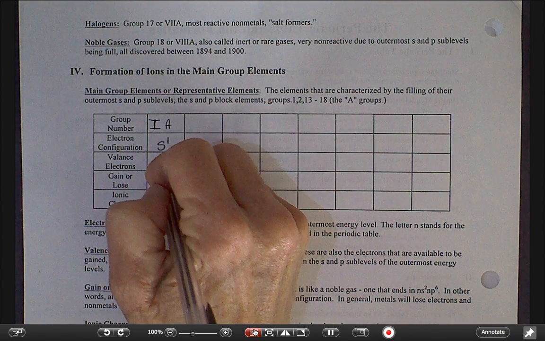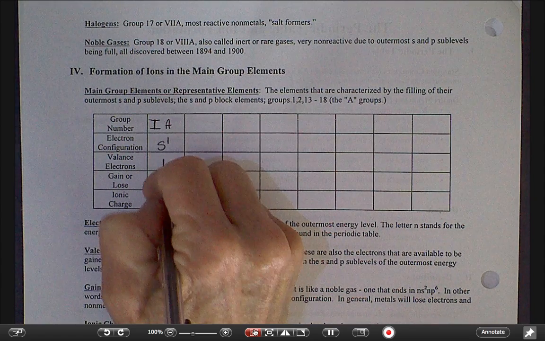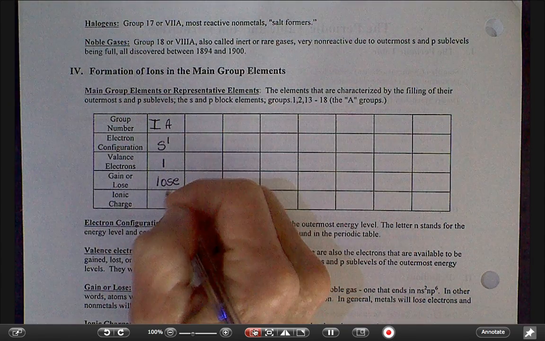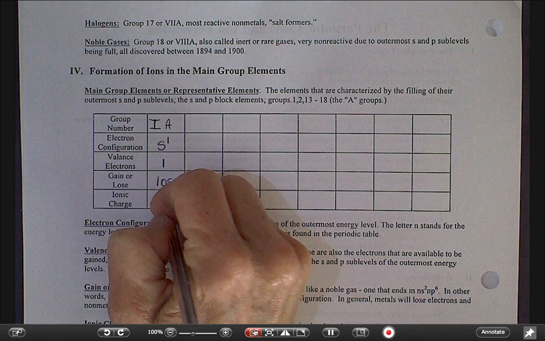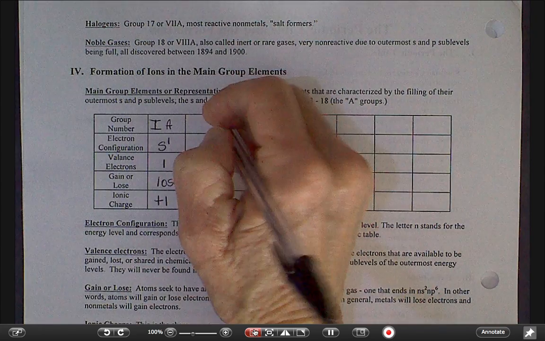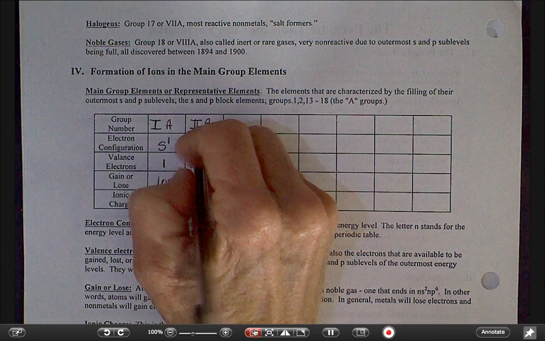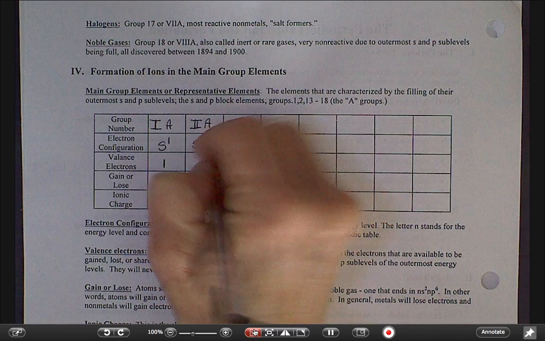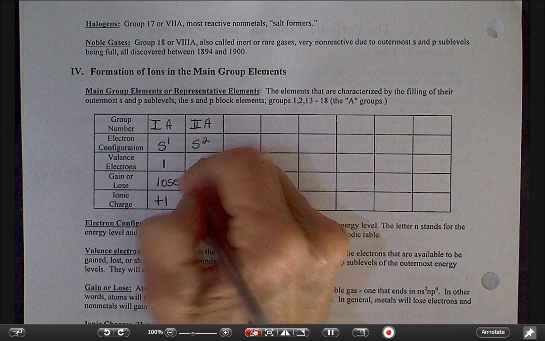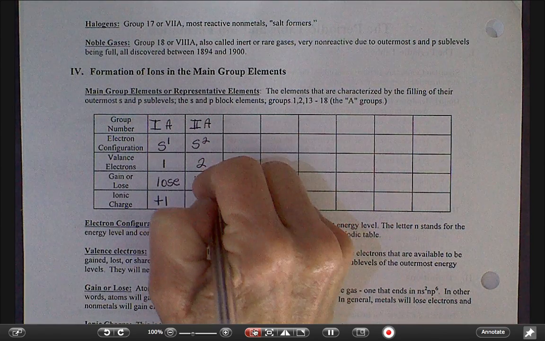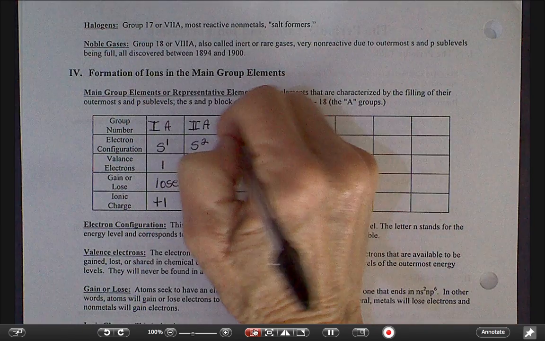The number of valence electrons is 1. They lose their valence electron, and they end up with an ionic charge of +1. Group 2A is an s2. They have 2 valence electrons. Because they're metals, they lose. And they have a +2 ionic charge.